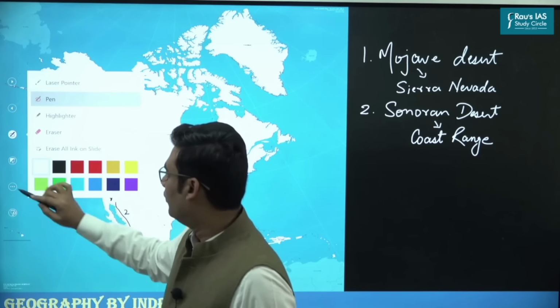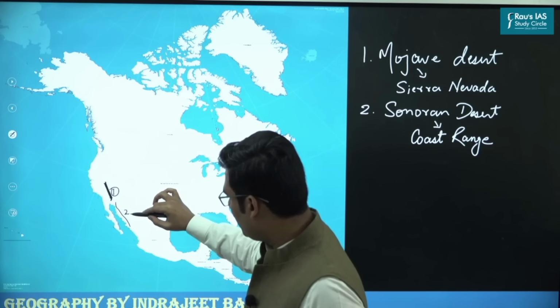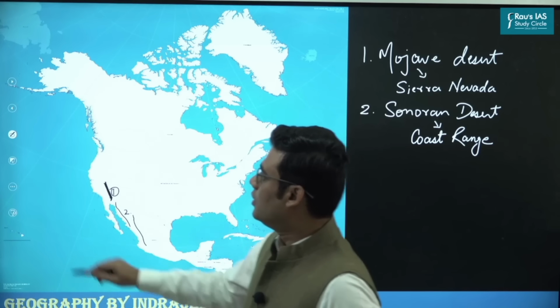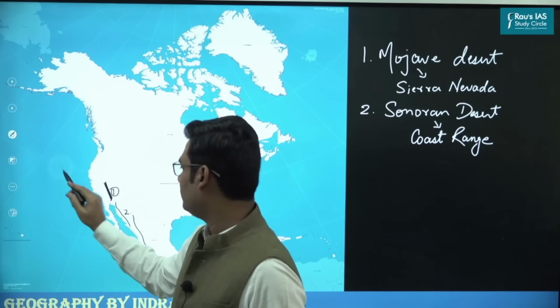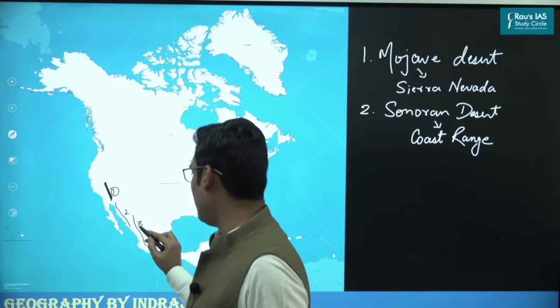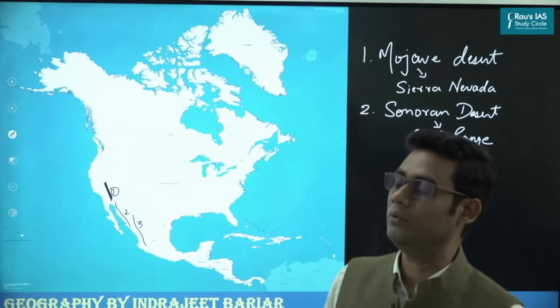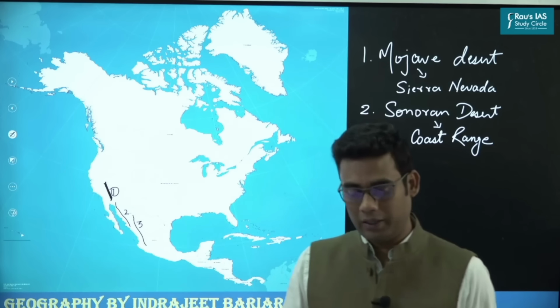And then we have another mountain over here in Mexico, which we called Sierra Madre West. So Sierra Madre West, what was it called? Sierra Madre Occidental.